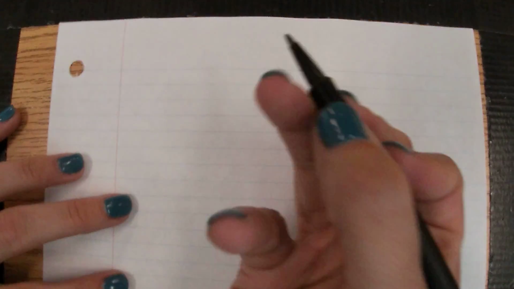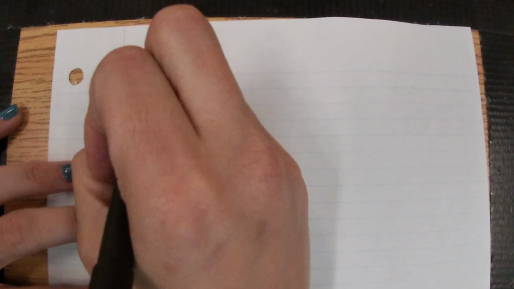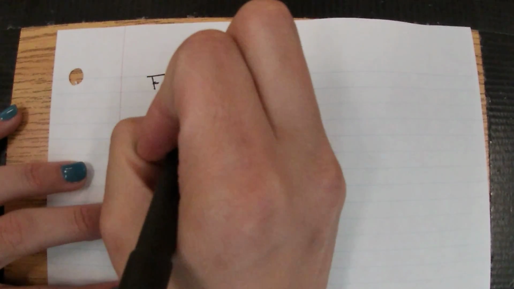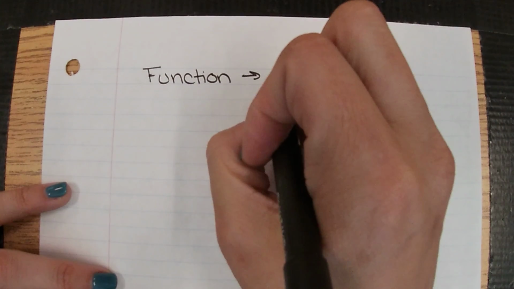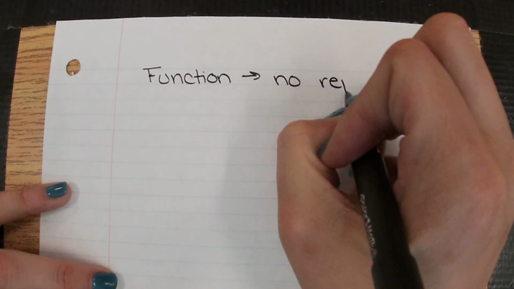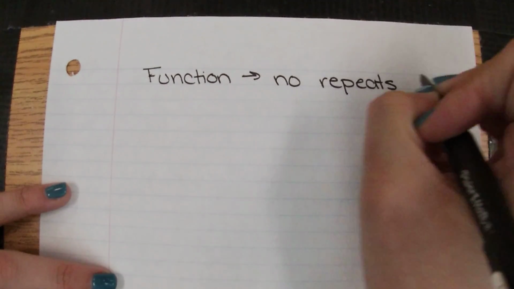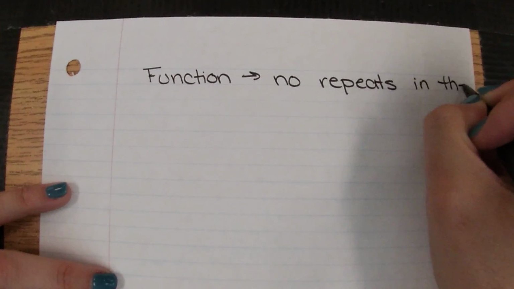Okay, all of those representations work for any relation no matter what. Okay, but some of those relations are going to be a special type of relation that we call a function. And how we determine if one of them is a function is we will see no repeats in the x value.